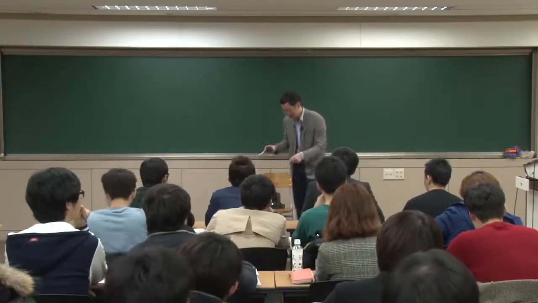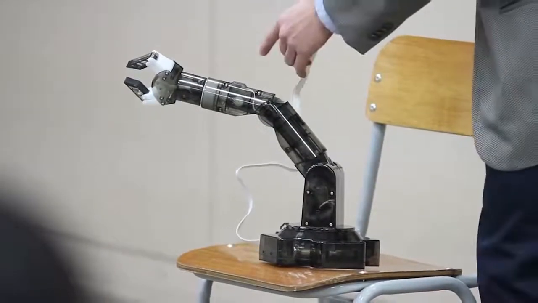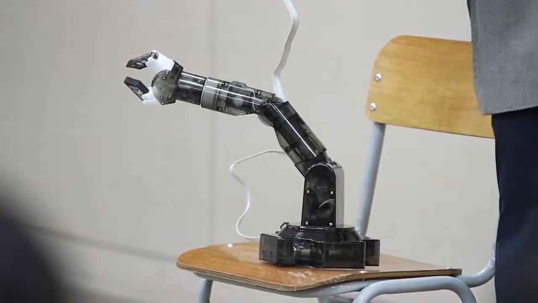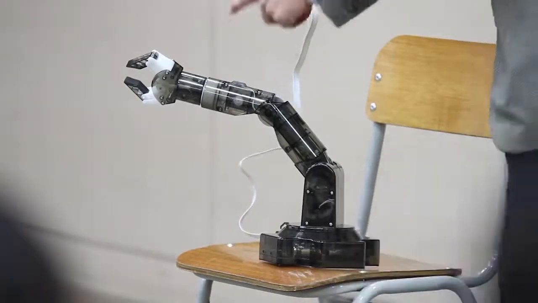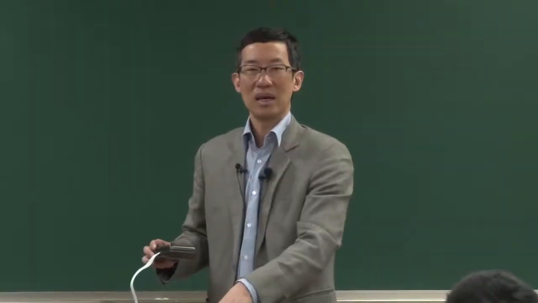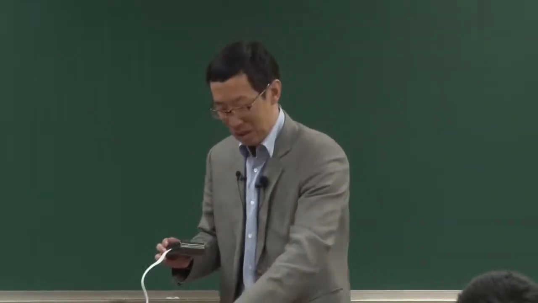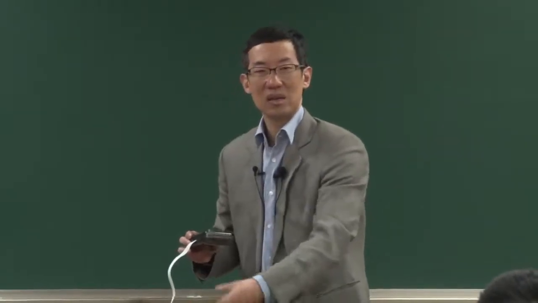Now, of course, if you look inside, and you can do this after class, you'll see that there's a lot going on inside. There are gear trains. There's all kinds of mechanical parts in there. We're not going to focus so much on what's going on in there.